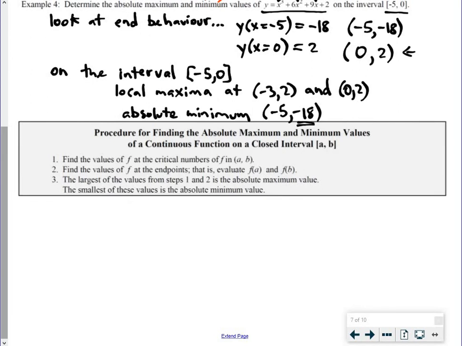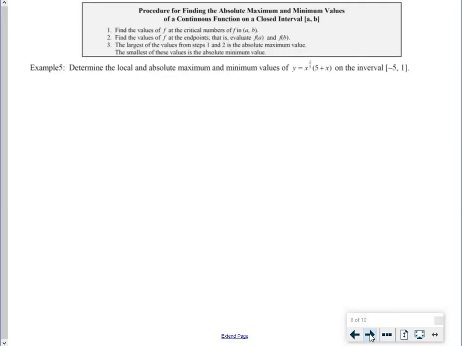So last on that page, procedure for finding absolute max and min values. You can have a read through that. Example number 5, fortunately it looks like it got printed at the bottom of that page, but you've got a little bit of room to work on the next page, so you can just flip that.